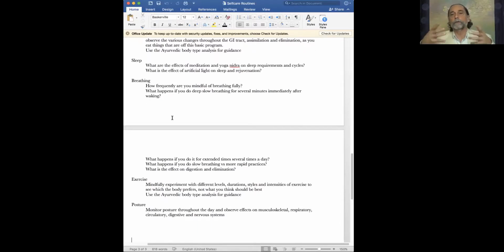What's the difference between slow, deep breathing and rapid pranayama? How does that affect your digestion? Exercise: experiment mindfully with different kinds of exercise, different durations, all these kinds of things. Posture: check your posture. That's your homework assignment.